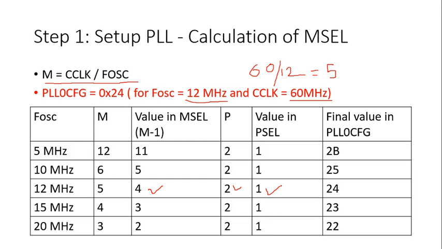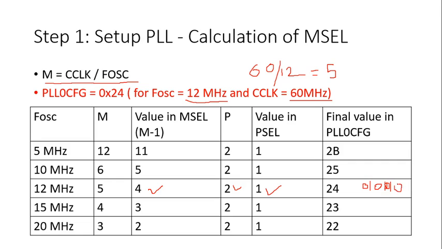So what is the actual configuration there? The P cell bits are 0, 1, and there are 5 bits for the M cell value 4.